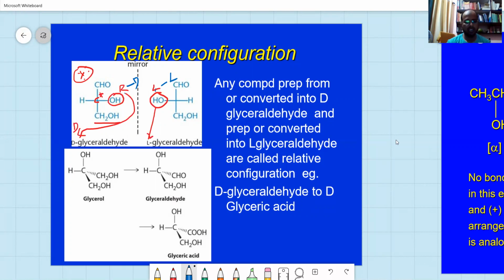The D and L is a relative one. This is the standard molecule, call it the standard molecule, which is nothing but glyceraldehyde.